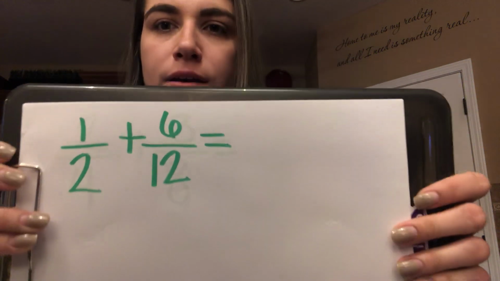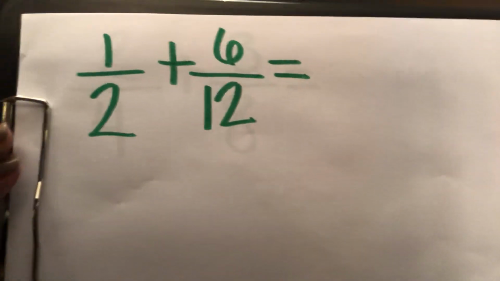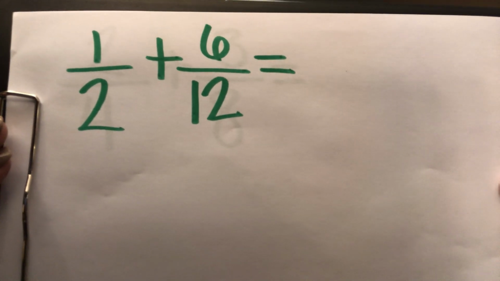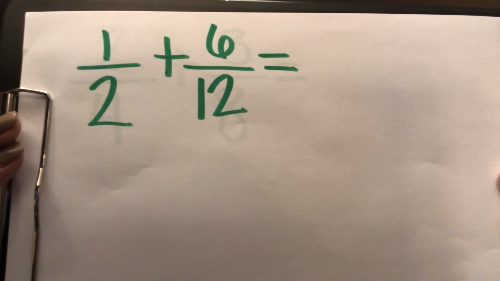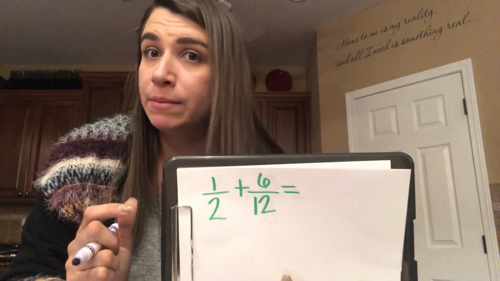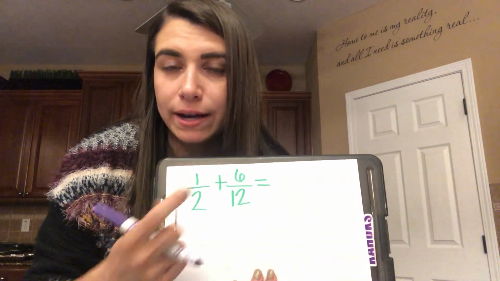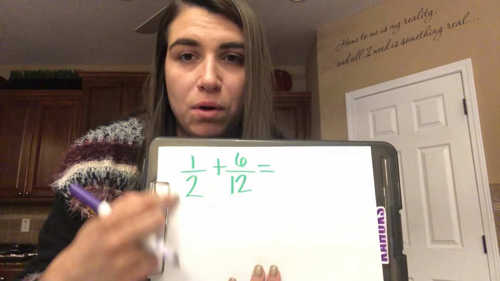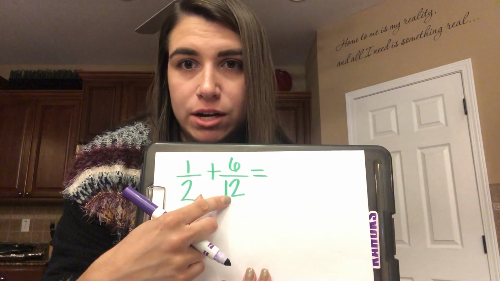All right, moving on. I have 1/2 plus 6/12. All right, so for this one, I'm gonna have to change one of the denominators because they are not the same, right? And so I know that 12 is a multiple of 2. So I'm gonna change the 1/2 here to get the denominator of 12.